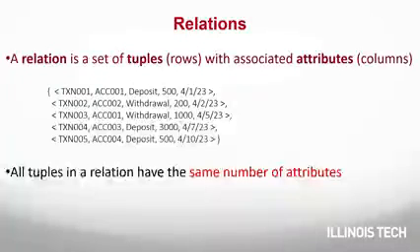So when we talk about a relation being a set of tuples, let's now take this same example and rewrite it in set notation. In set notation, we have a set comprising 5 ordered 5-tuples, each one with 5 elements of information: the transaction ID, the account ID, whether it's a deposit or withdrawal, the amount of money, and the date.